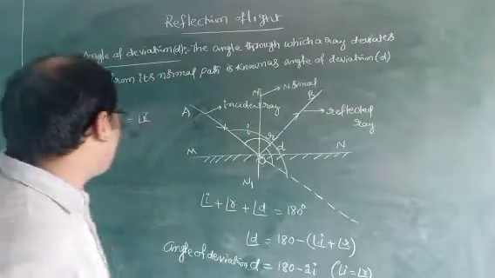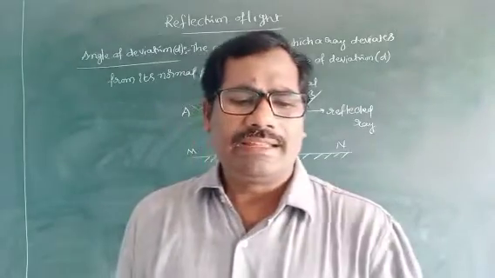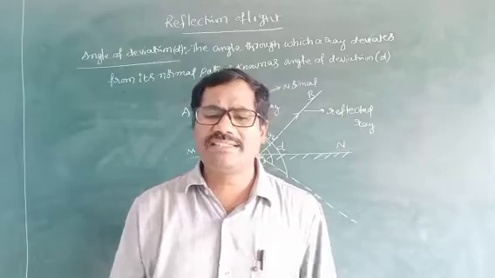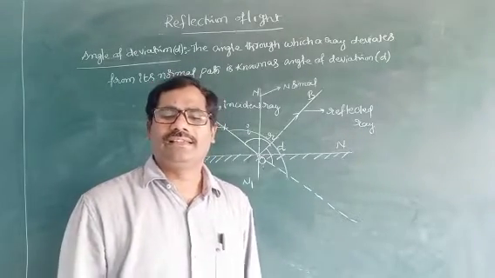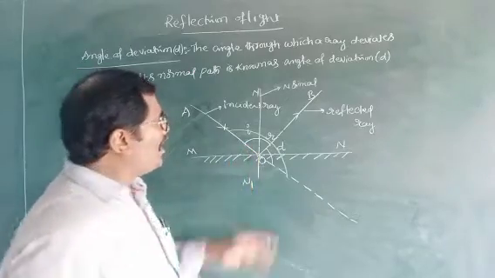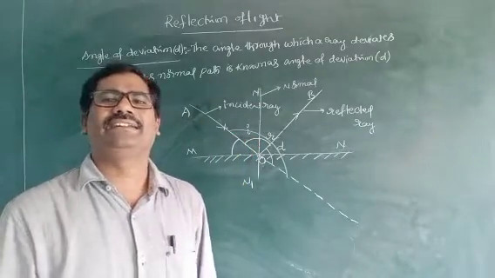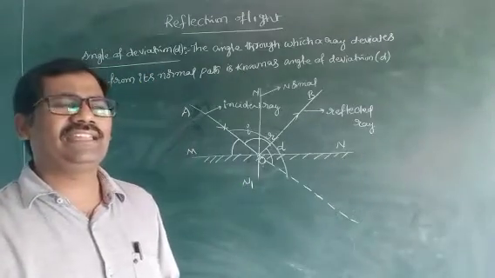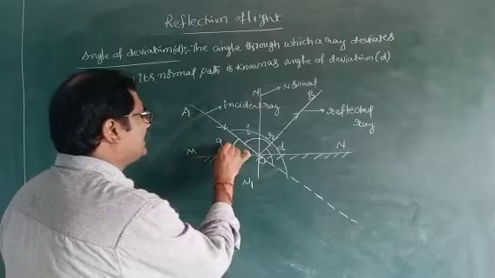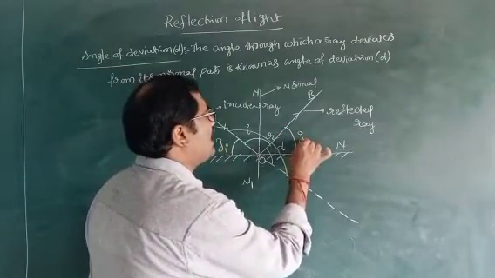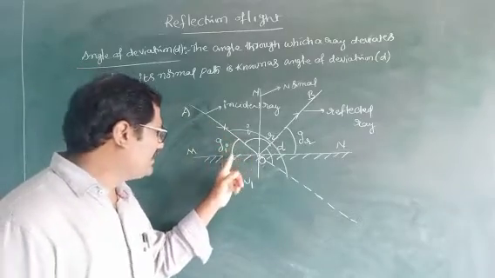What is the glancing angle? The angle made by the incident ray or the reflected ray with the mirror is known as the glancing angle.